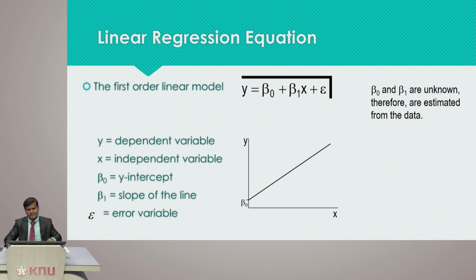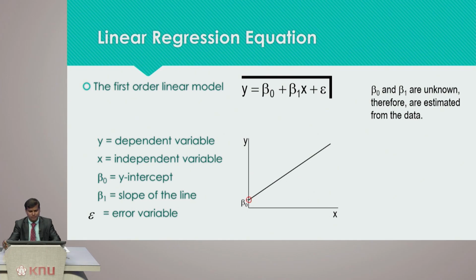So here is the basic linear regression equation that we have in hand. This is the first order linear model equation. It's a simple linear regression model where y equals beta naught plus beta 1 x plus the error factor, where beta naught is the y-intercept, as you can see here. Beta naught is the y-intercept, and beta 1 is the slope of the line.